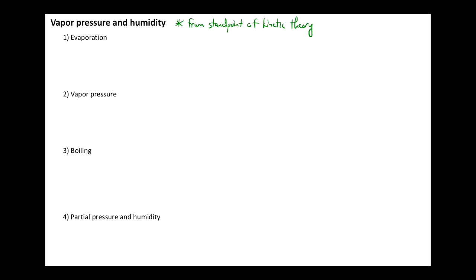Some of them are going to have higher velocities and hence higher kinetic energies, okay? The ones with enough kinetic energy and relatively near the surface can leave the liquid state and find themselves separated from the liquid, hanging out in the gas state nearby, okay?